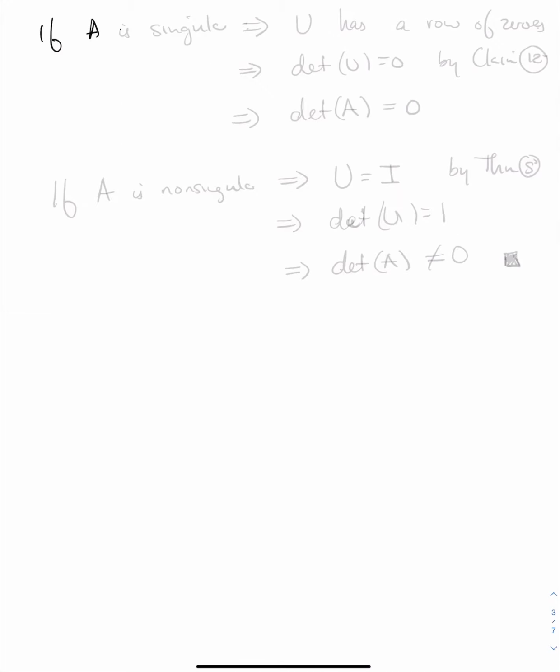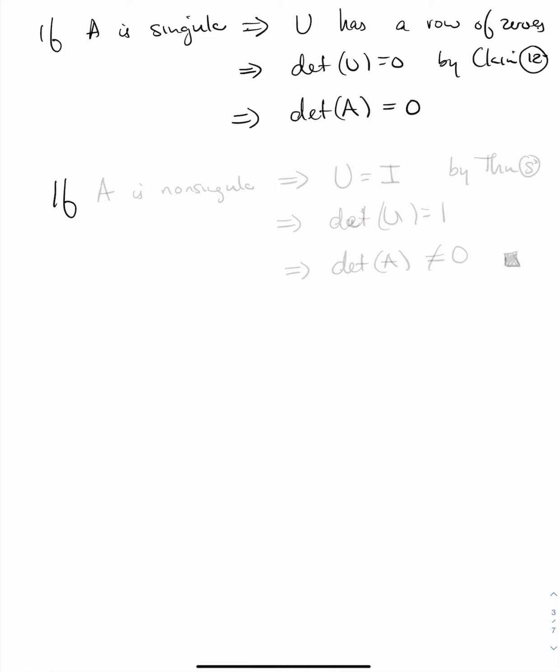If A is singular, then U, which is its reduced row echelon form, is not the identity matrix. U has to have a row of zeros. Since it has a row of zeros, its determinant is 0. And this implies, as we showed above, that the determinant of A itself is 0.